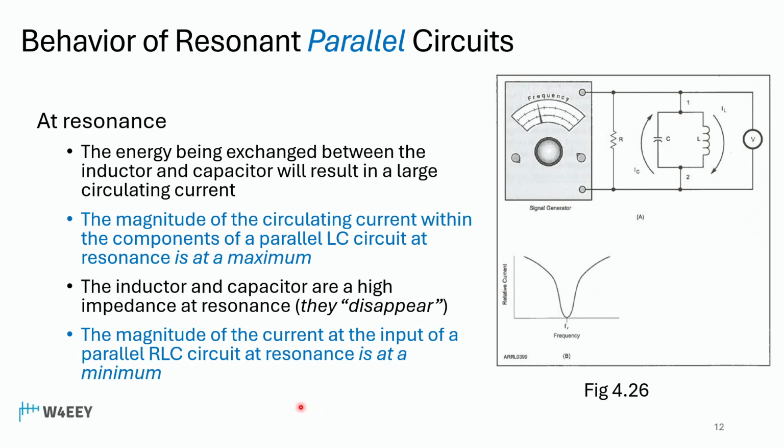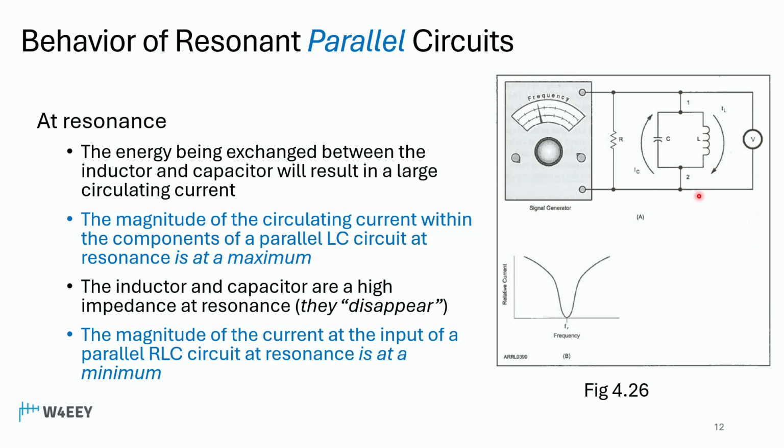So this is just opposite of the series case. The magnitude of the current at the input of a parallel RLC circuit at resonance is at a minimum. So as you're below the resonant frequency or above it, you're going to have a current path through these components. At resonance, you're going to have no current path through these components.